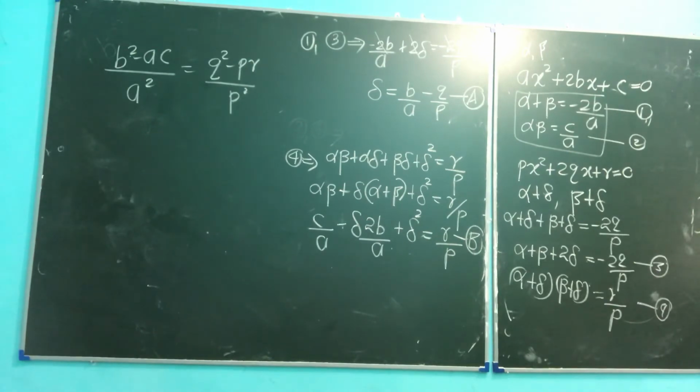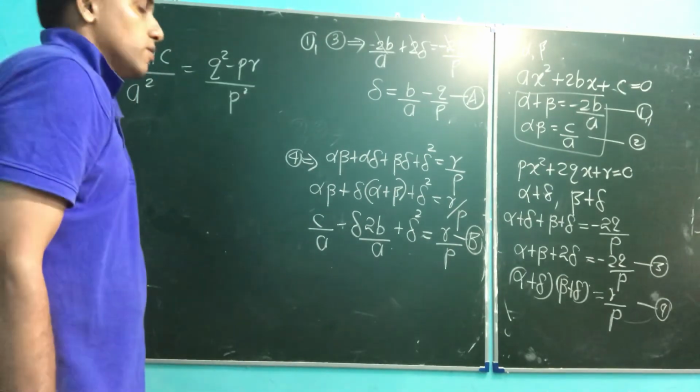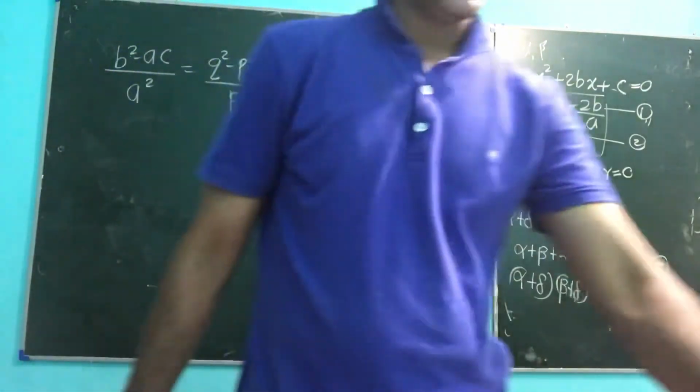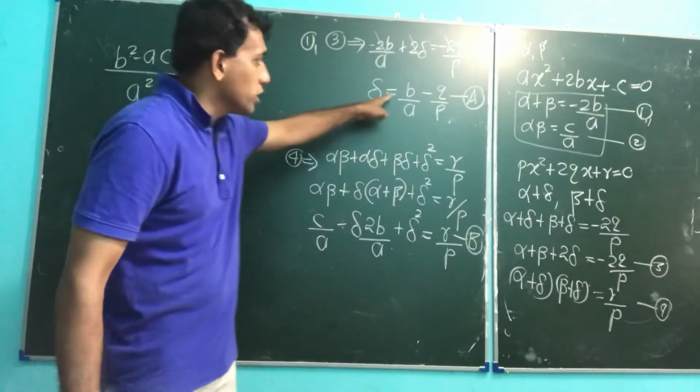In the answer there is no delta. Therefore once you eliminate the delta, I think you can go to the answer. If you put the delta expression in, you can get the answer. But they provided b square minus ac over a square, so try to eliminate the delta.